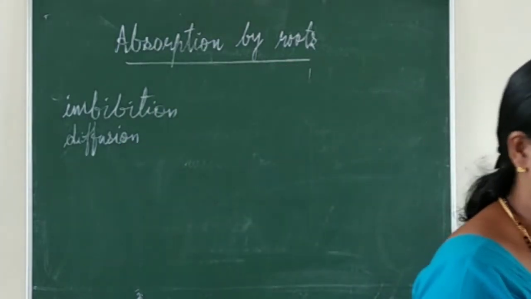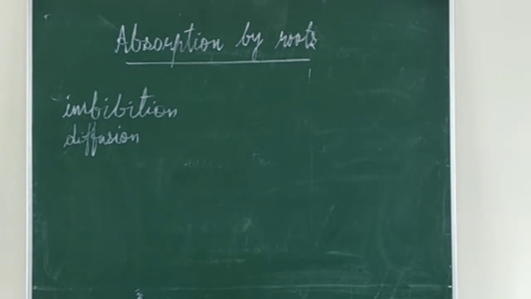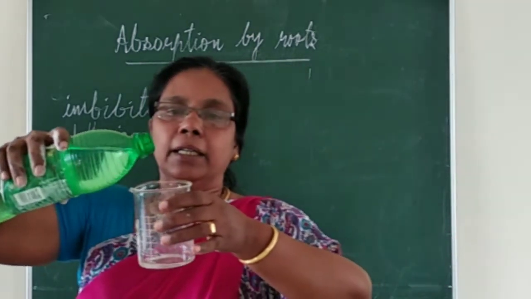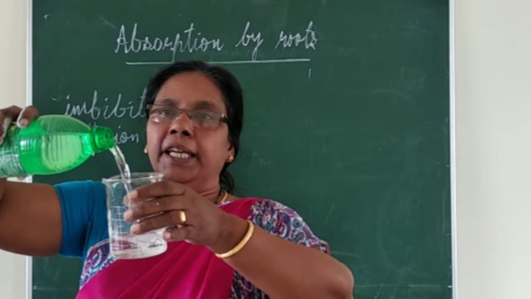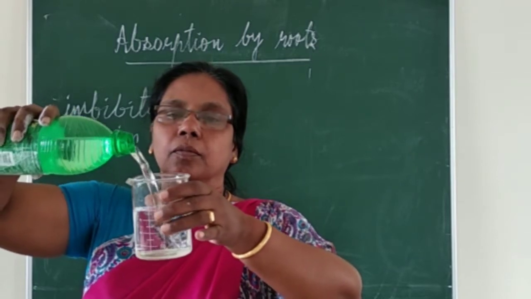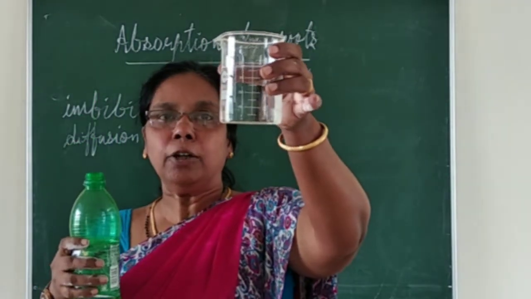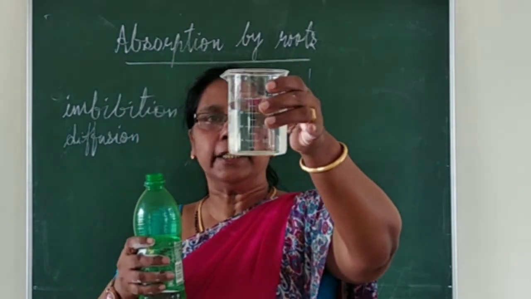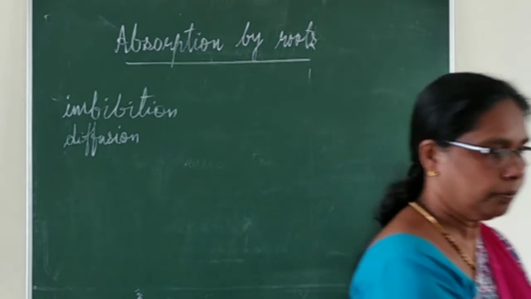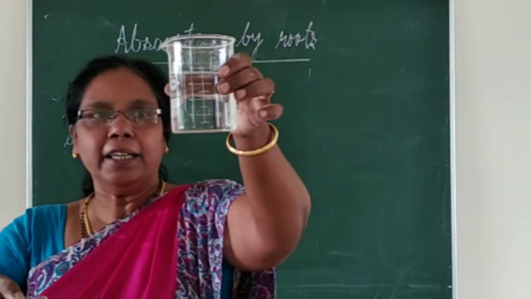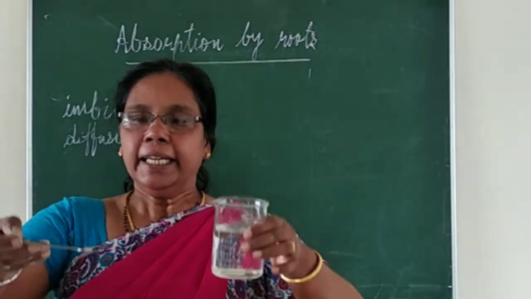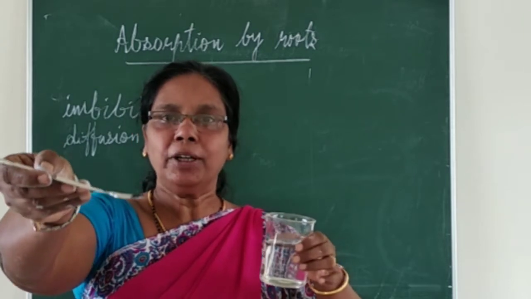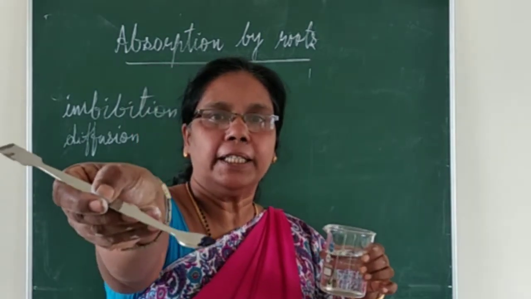First, I am pouring a little water into this beaker. You have seen now what is in this beaker? Yes, water. Here in this spatula I have taken a little potassium permanganate.